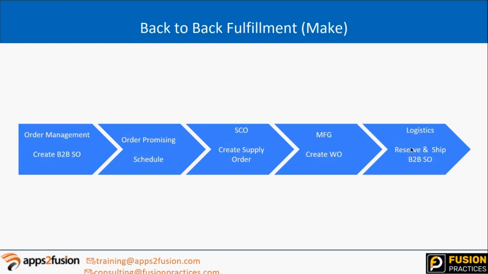When the work order is completed, the reservation changes automatically from the work order to the inventory, which means the inventory is sitting in stock and is ready to ship. Oh, okay. So it happens even for standard items, back to back behaves the same way. Yeah, in short, it is there in EBS also.